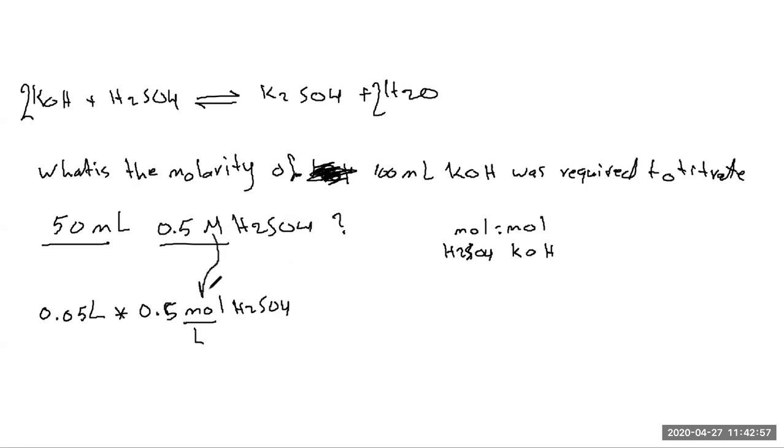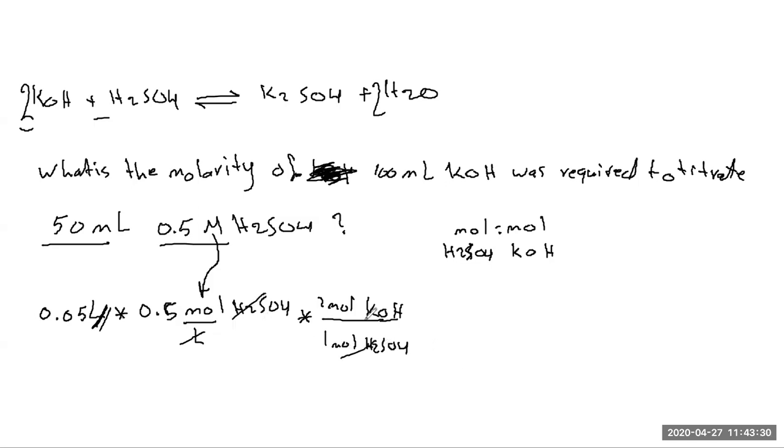Don't forget, the molarity is mole per liter. Okay, now cancel liter with liter, times the mole-to-mole ratio. Be careful here. The mole-to-mole ratio between KOH and H2SO4 is not 1 to 1. So it is 1 mole H2SO4, 2 mole KOH.